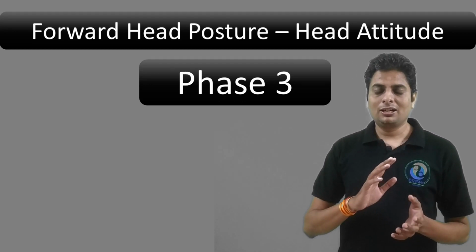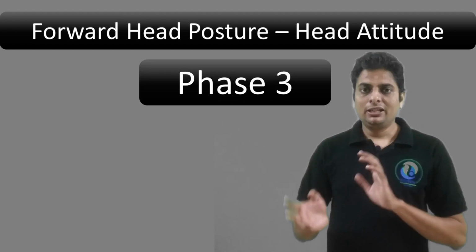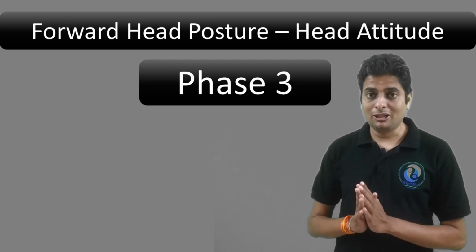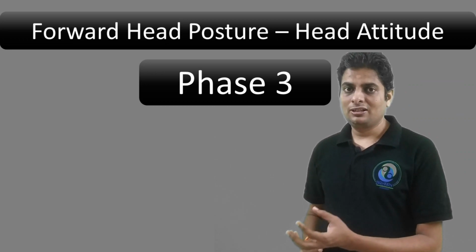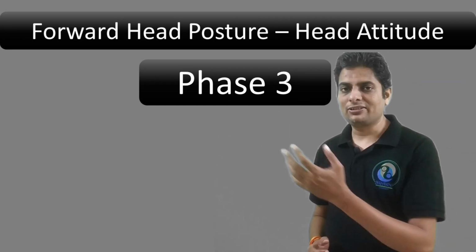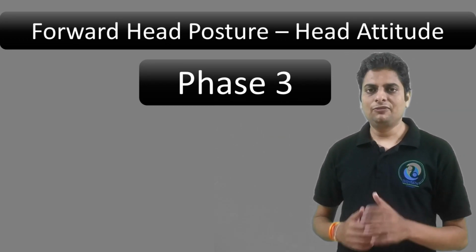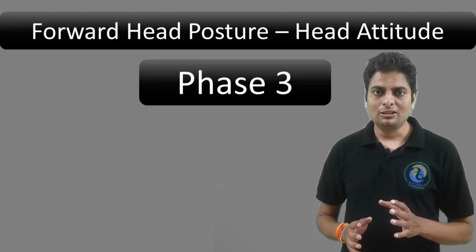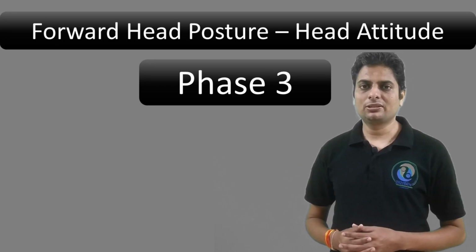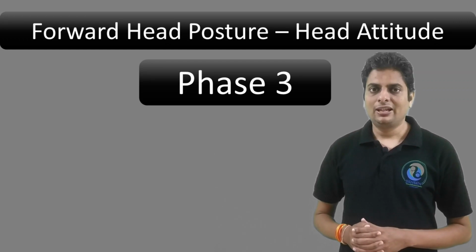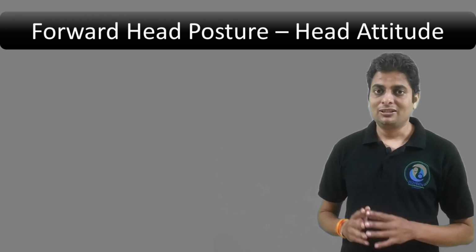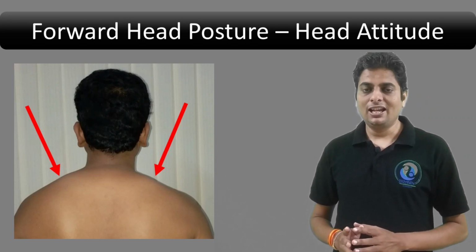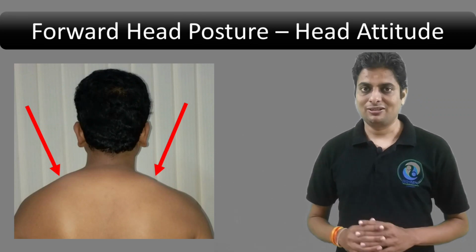Ideally, the shoulder girdle and head operate independently, but now the shoulder girdle gets one new work, that is to stabilize the head. For this stabilization, your upper trapezius gets activated and becomes overactive and hypertrophied. The result is a slightly elevated shoulder.